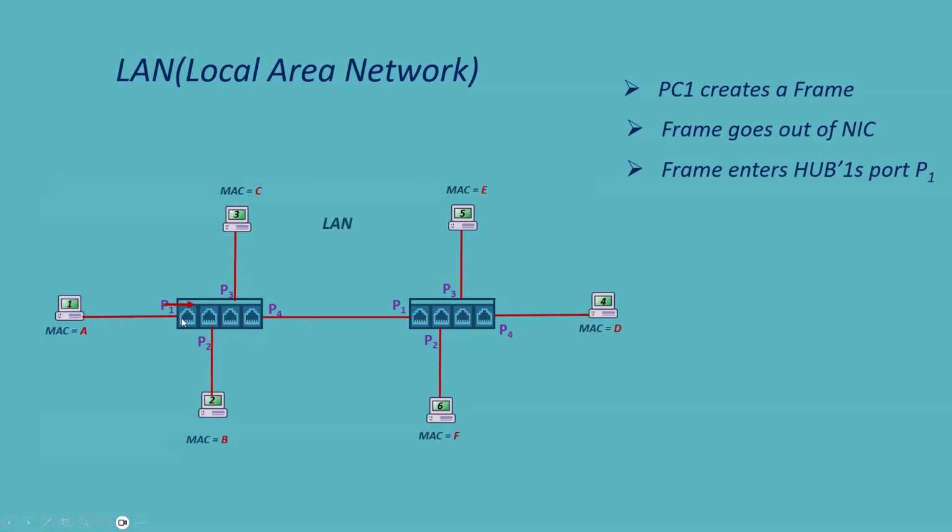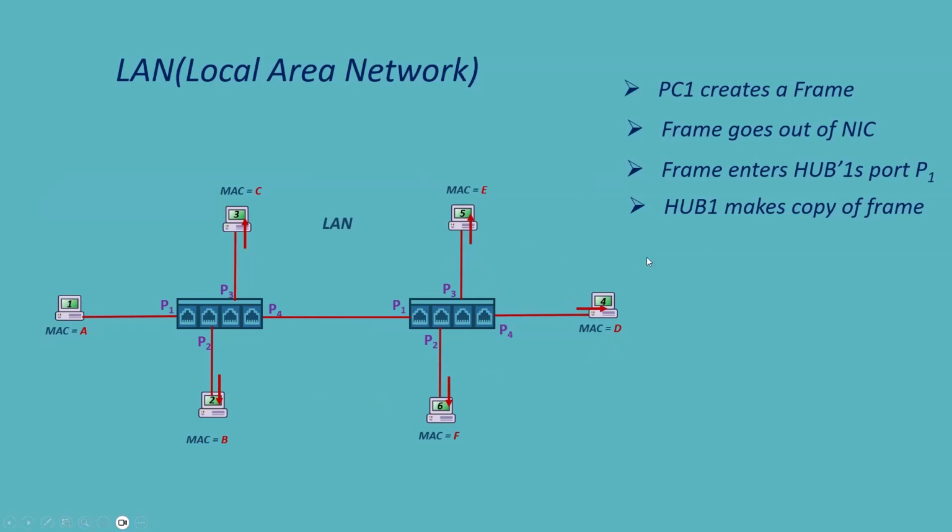So this is where the frame has entered. Next, the hub makes copies of the frame and floods them on those ports. Further, this repeats at hub 2 also. When it receives the frame on port P1, it will likewise flood it to the other ports.